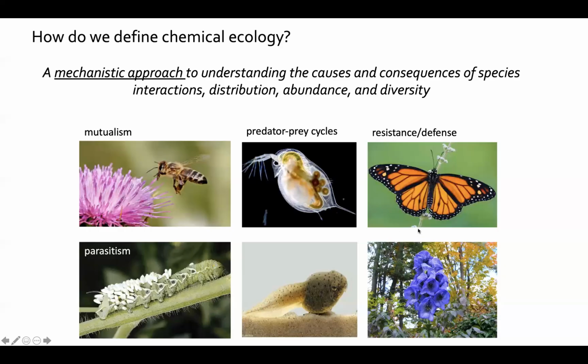And then finally, just this idea of resistance and defense. So I'm showing you here a monarch. These insects are capable of ingesting and sequestering, or taking up, cardenolides from milkweed, which serves as protection against predation. This is monkshood.